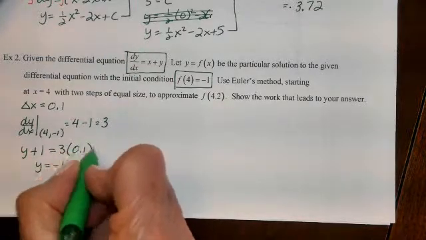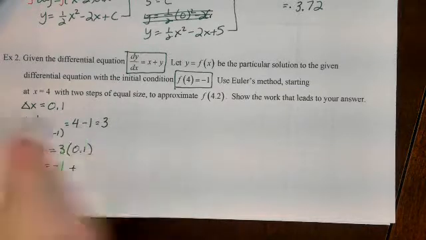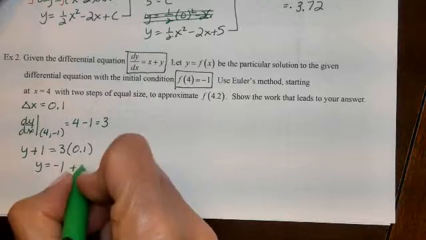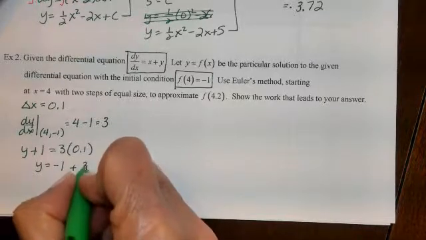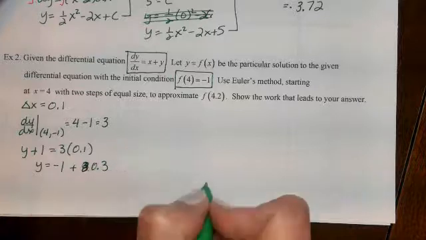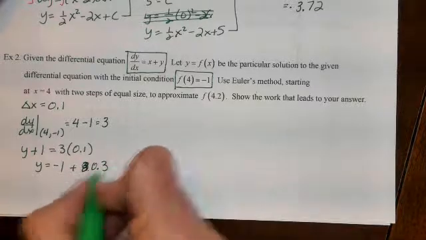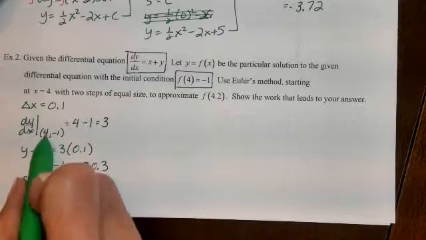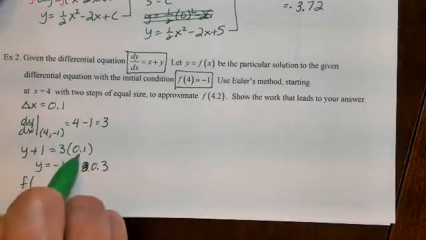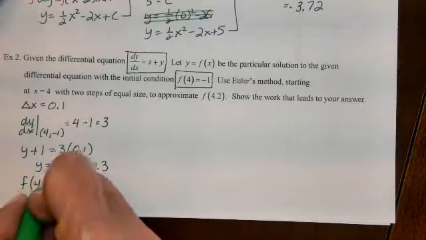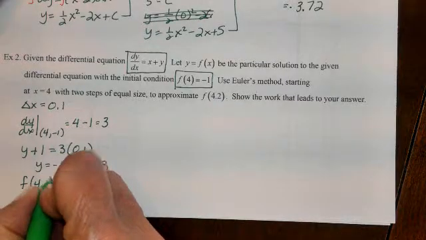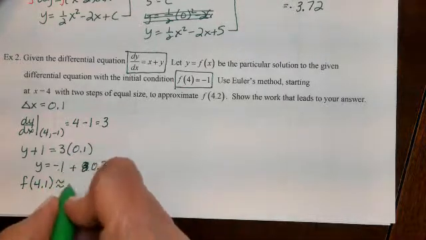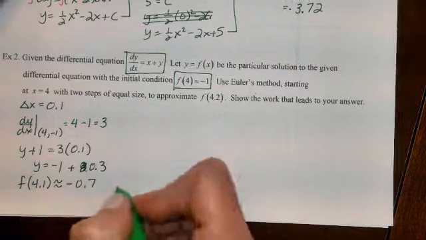This is when I might be tempted to go to fractions. I prefer fractions to decimals, clearly, after I butchered that last one. Anyway, this is 0.3, 3/10. So our first stopping point here, we went from x equals 4 and we added 0.1 to it. So f at 4.1 is approximately -1 plus 0.3 is -0.7.